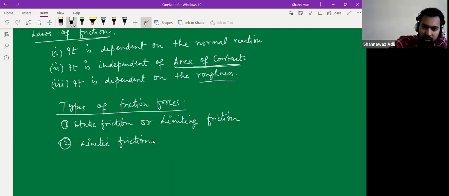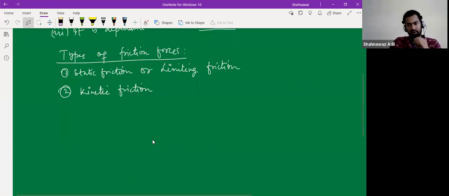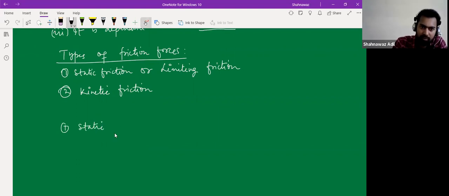So as the name suggests, static friction is when the frictional force is so great that it makes the body stop or not move forward, right? It is denoted by FL or FS.